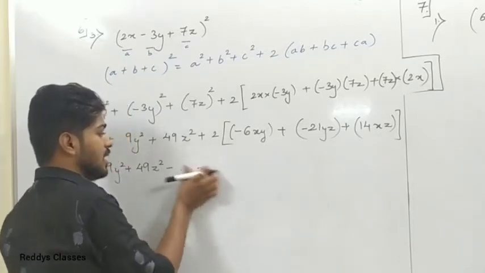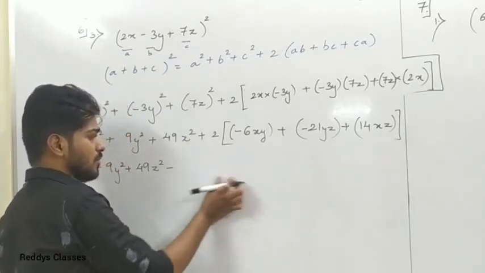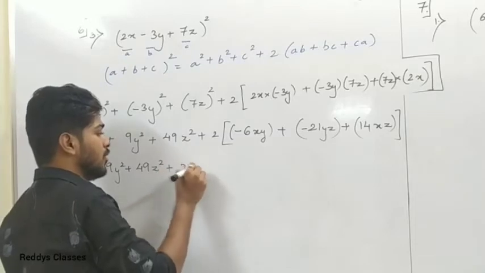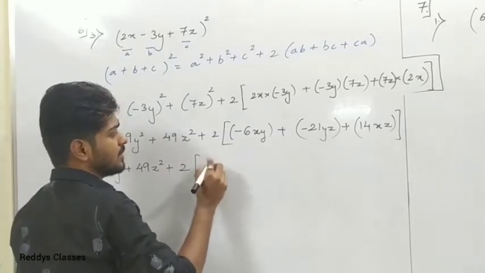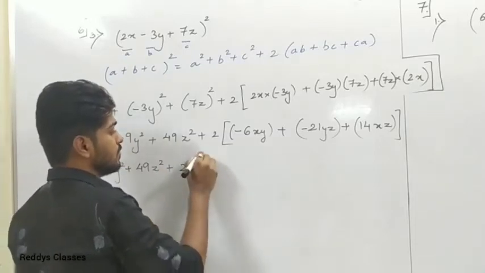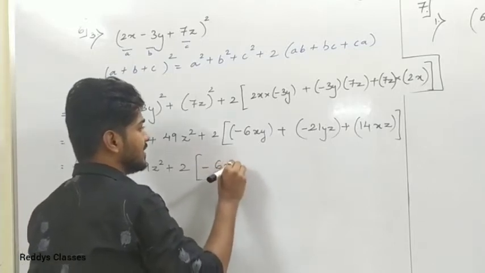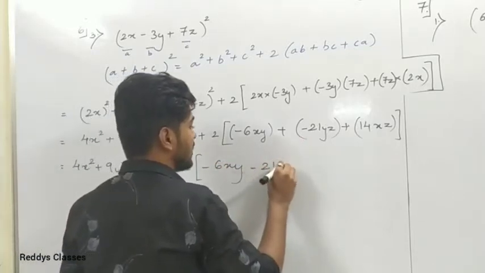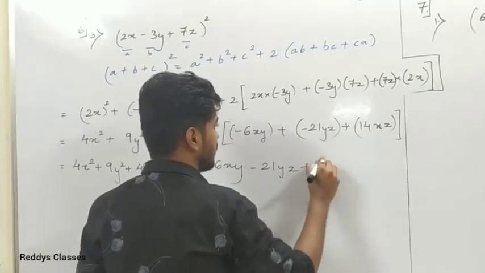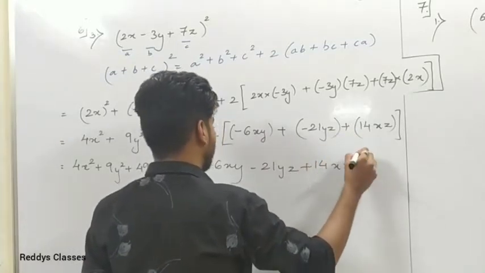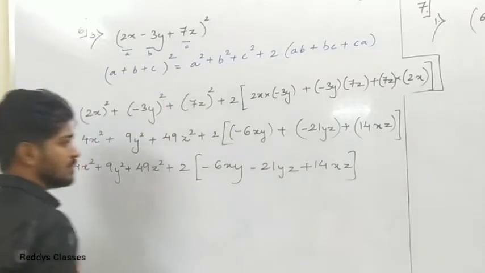Wait, let me show you for this question. For the next question we will be doing it directly. Minus 6xy, minus 21yz, plus 14xz. Okay, we have this value like this.